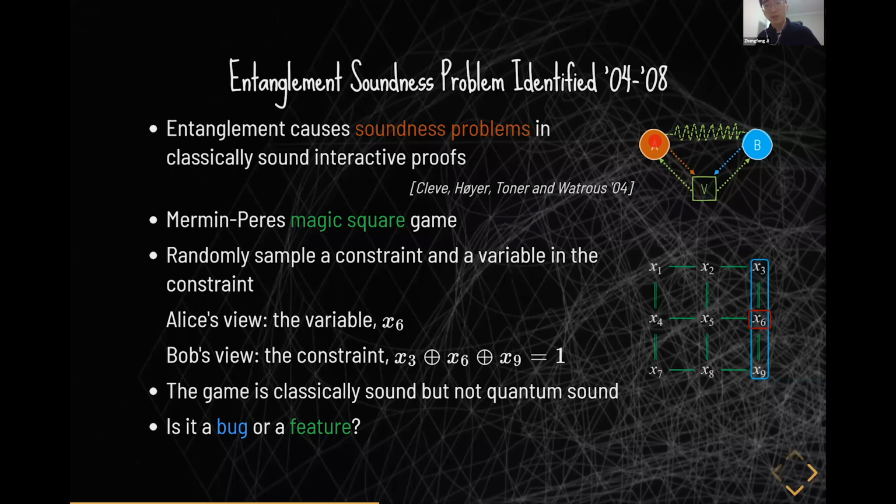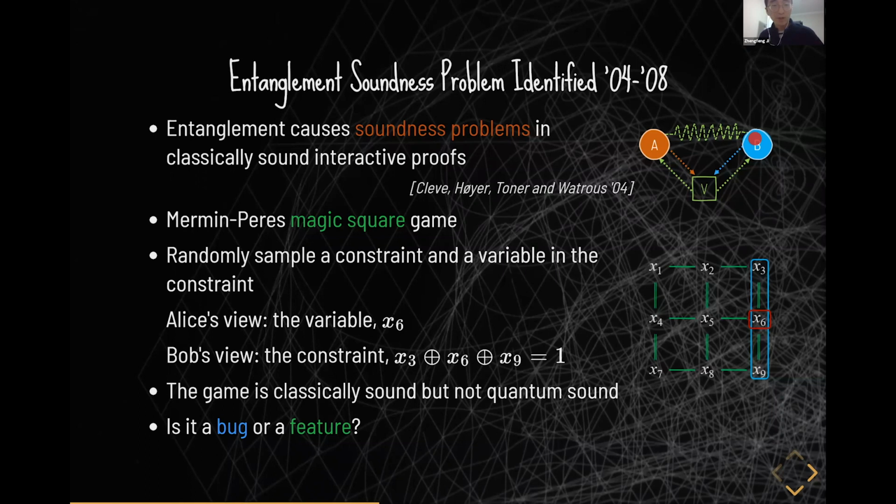The strategy space is much bigger, so they can achieve higher value. For a classically sound proof, meaning an interactive proof without entanglement which is sound, in the no case the value is very low, but with entanglement the value could become bigger. That's a soundness problem.